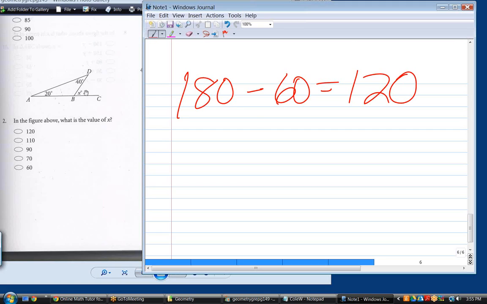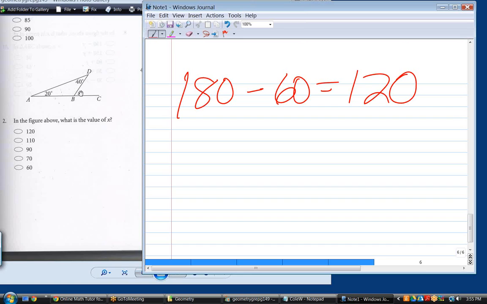Which brings up another geometry theorem that's worth memorizing. This is called an alternate exterior angle. An alternate exterior angle is always equal to the sum of the other two angles that it's not next to.